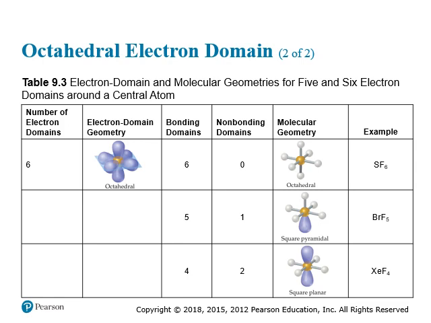It would be a square base, as is seen in the equatorial plane, with a pyramidal orientation, because those lone pair electrons are going to be pressing with a different intensity on the remaining bonding pairs.